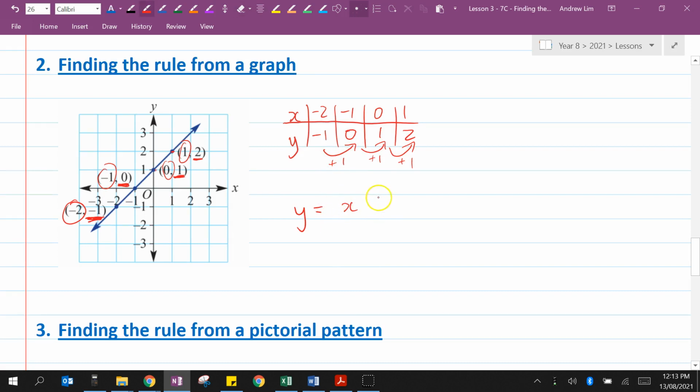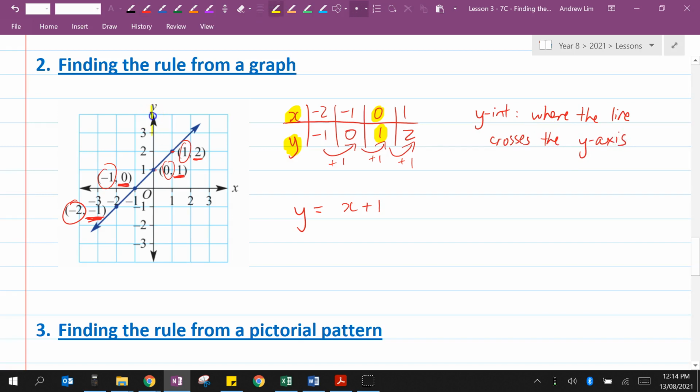And then we need to look at the y-intercept, when x is equal to 0. y is equal to 1. Positive 1. By the way, if you're wondering what y-intercept means, the y-intercept is where the line crosses the y-axis.